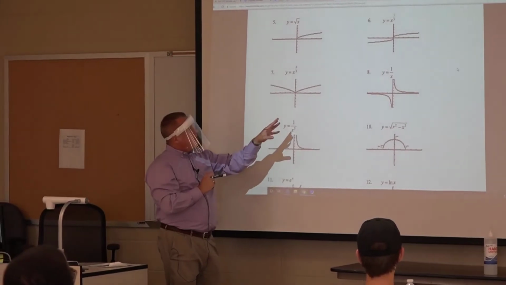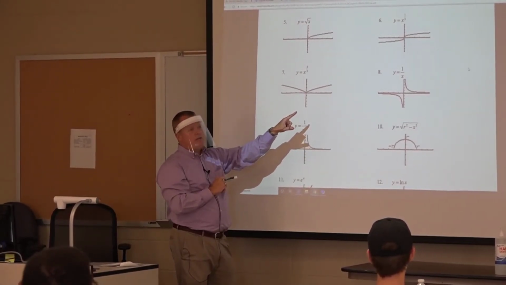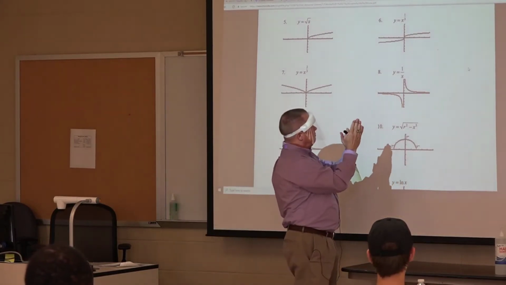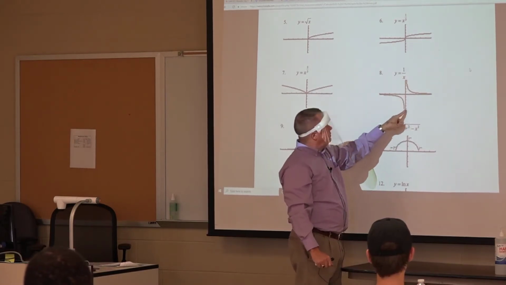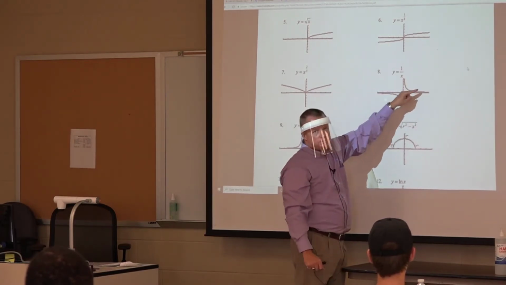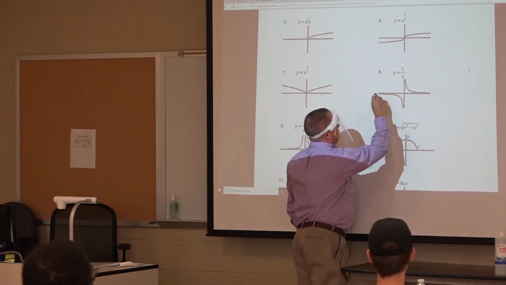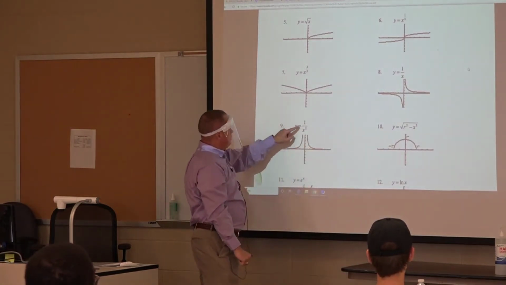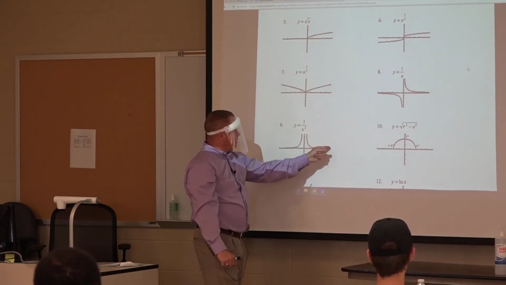All right, number 8, that is a rational function. Basic y equals 1/x. You have a vertical asymptote at 0 through here. You also have a horizontal asymptote at 0. So you have a little loop there, and you have a loop there. Okay? If it is y equals 1/x squared, then you have a loop here.